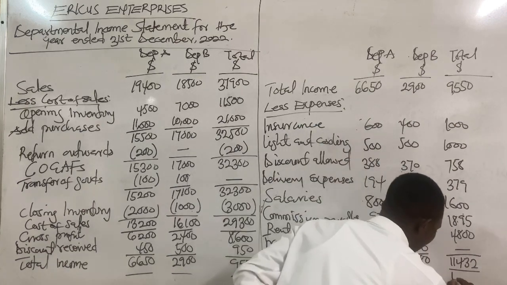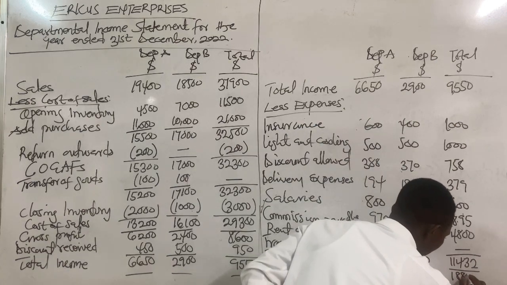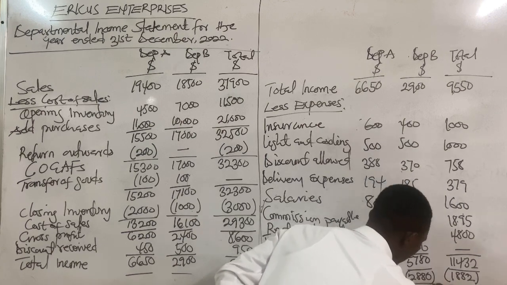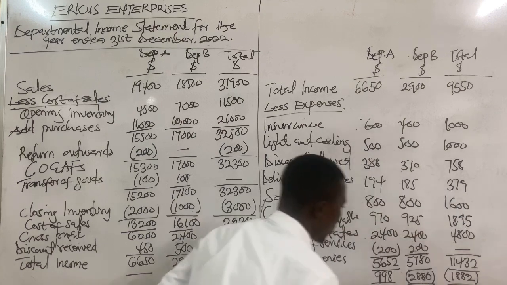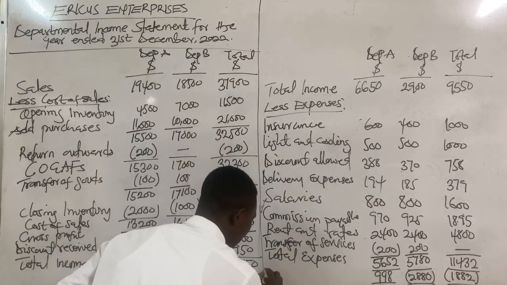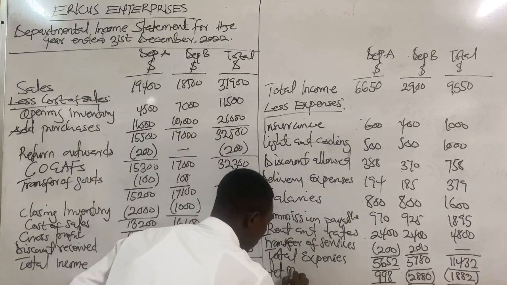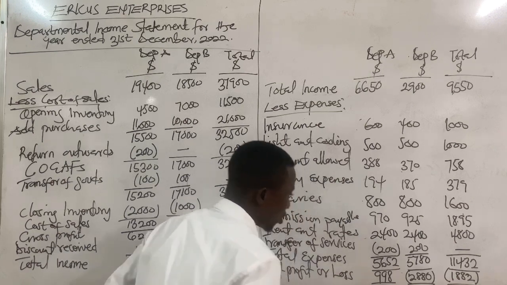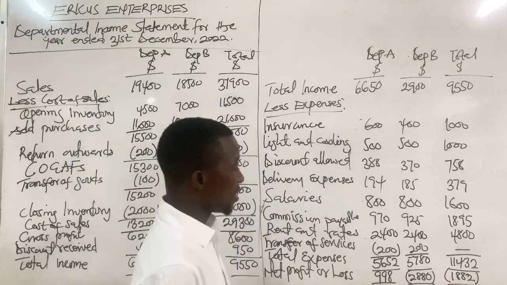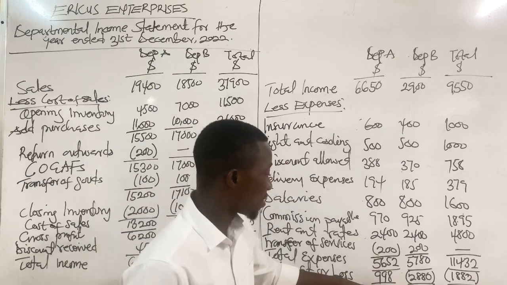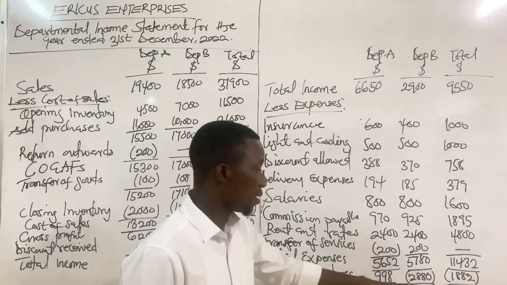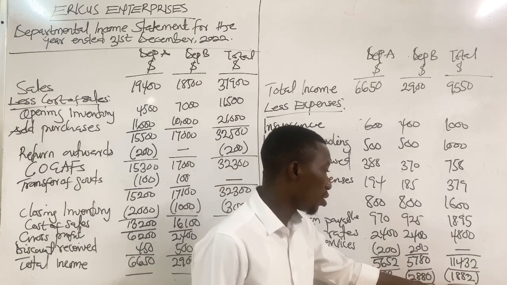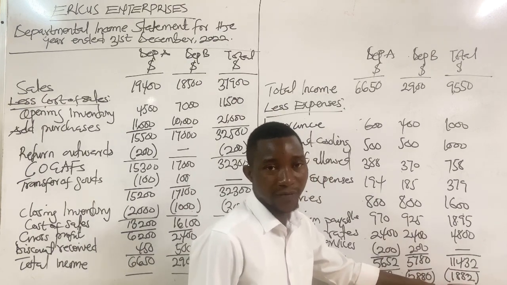So we have 1,882 also loss. Okay, so net profit or loss. So this means that Department A makes a profit, Department B makes a loss, and the total is a net loss of the business.